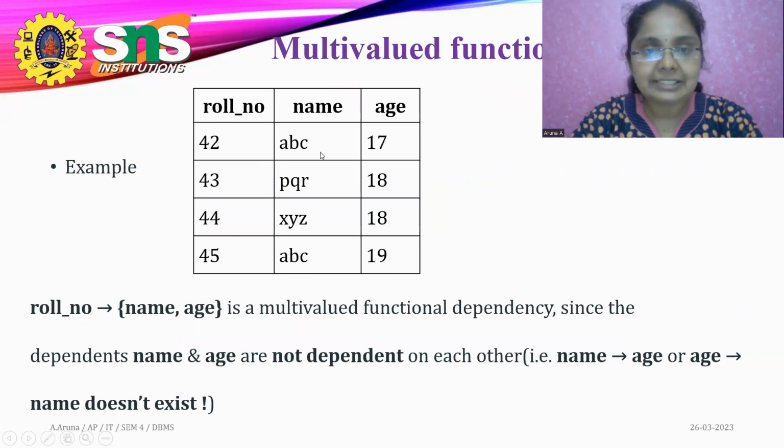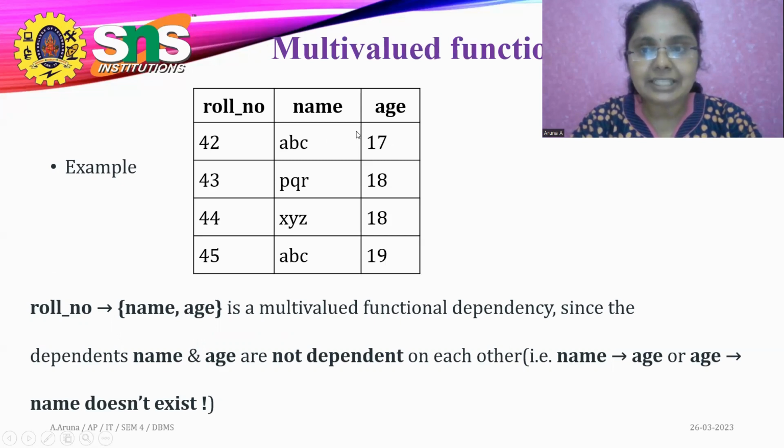Here I quoted an example, the same thing: roll number, name and age. By using the roll number, we can identify both name and age. So by using a roll number, we can identify the name, and by using a roll number, we can identify the age. So in your Y component, you have only the name and age.